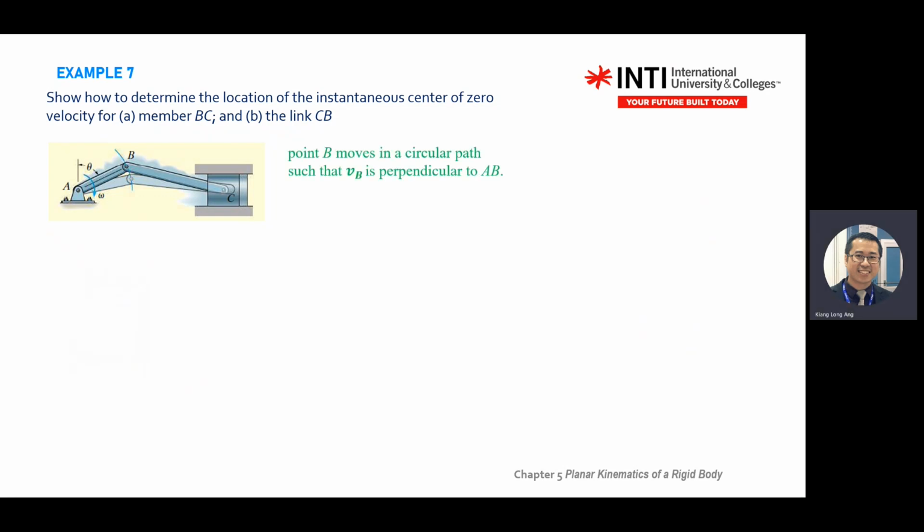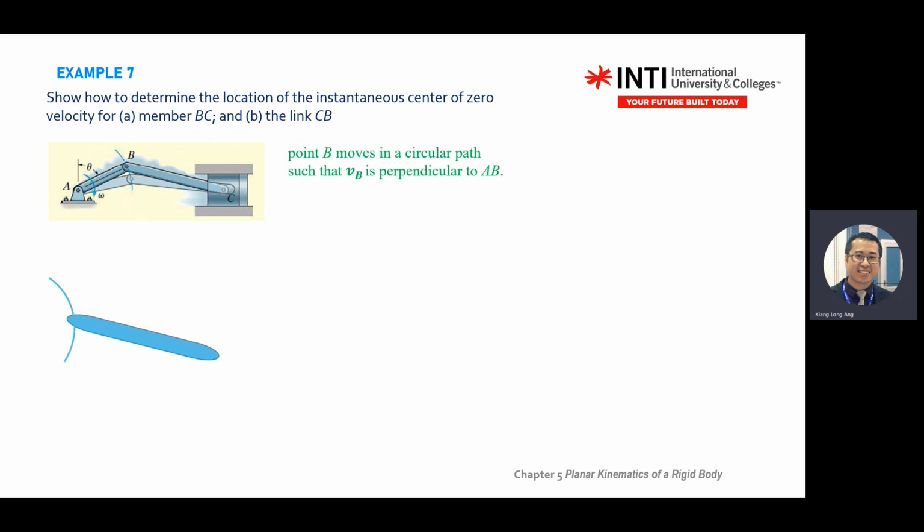So we look at the first case. Point B moves in a circular path, so VB is perpendicular to AB. When you draw a circular arc halfway here, point B is always tangent to the curve. This one you know already. When you look at a chapter 5 question, you always extract the body of interest.